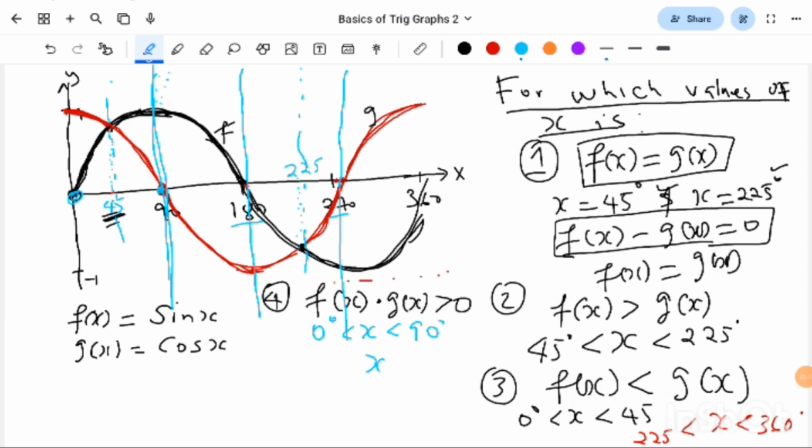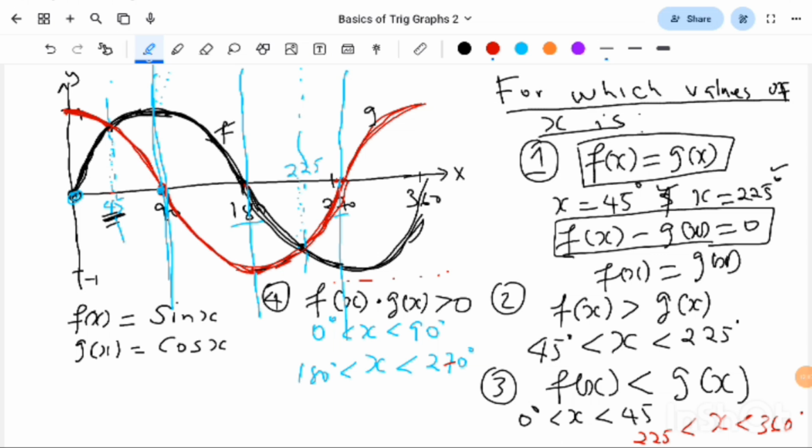So yes, our second answer is x is greater than 180 and x is less than 270. Because when you look at it, my graph of f of x is below the x-axis and my graph of g of x is also below the x-axis here. So that is how you actually answer these questions.